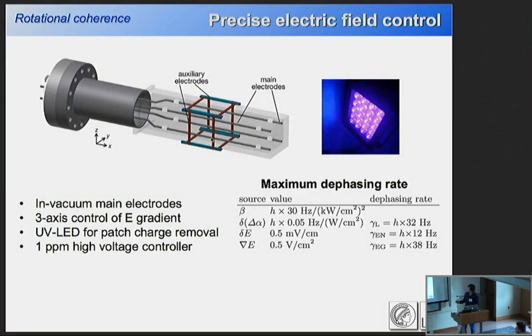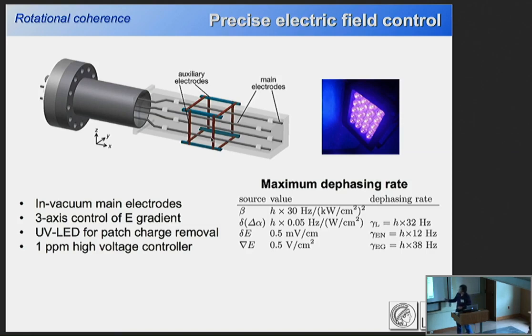So we spent some time on precisely controlling the electric field. We use four vacuum electrodes, so it can generate a near homogeneous electric field in two directions, at least. The other 8 electrodes combine with the main electrodes, so you have three direction control of the gradient, and you can compensate the gradient in 3 directions to 0.